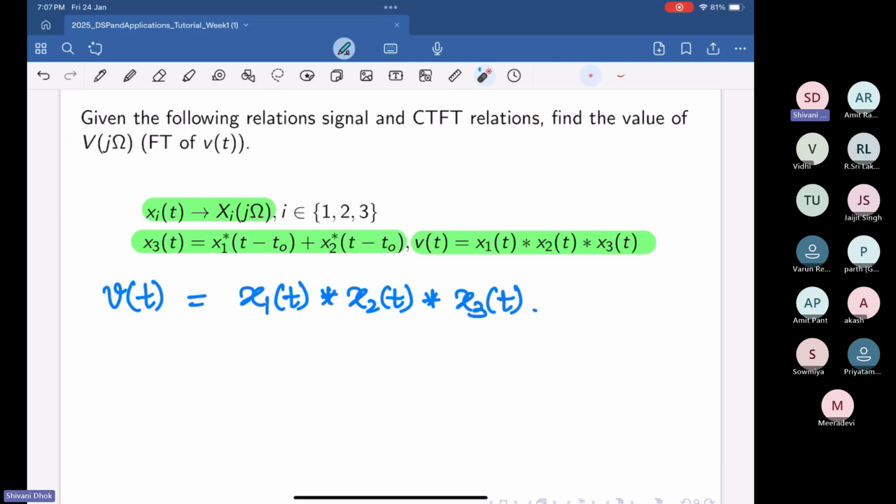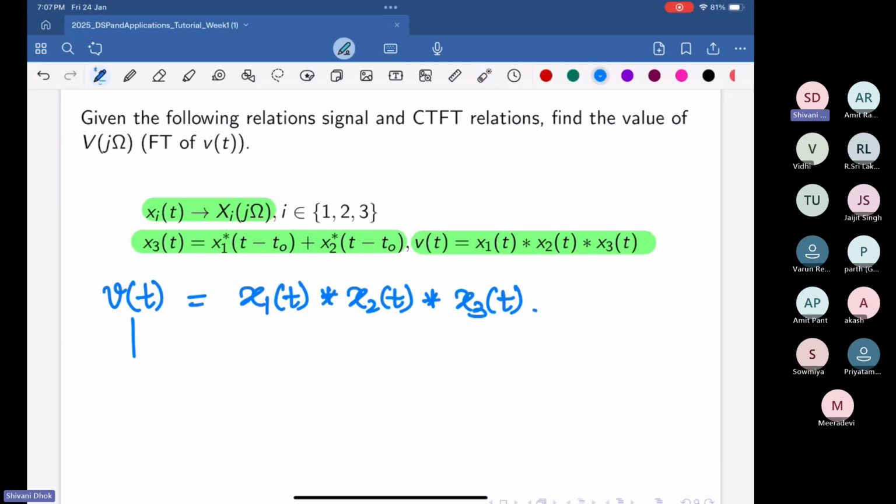So these we know. Another thing given to us is that x3 of t is equal to x1 conjugate of t minus t naught plus x2 conjugate of t minus t naught. This is also given to us. And what is asked is, what is the Fourier transform of v of t?